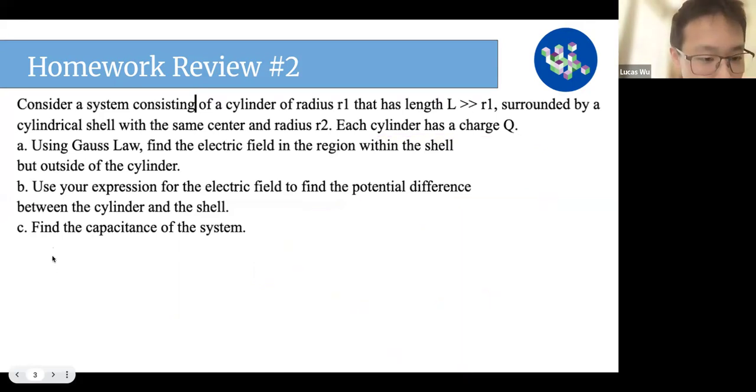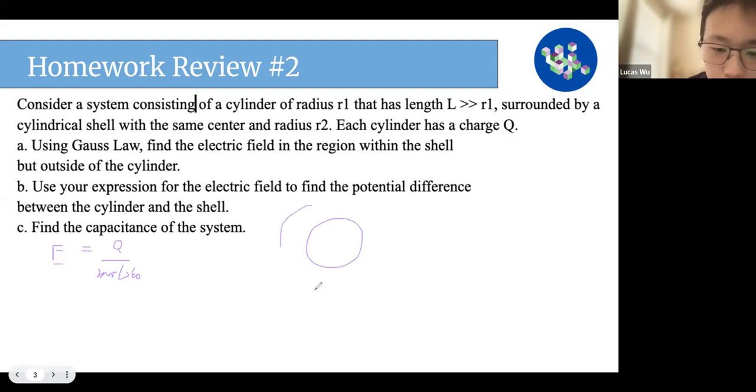Remember we got that E is equal to Q over 2 pi R times big L times epsilon 0. Now we want to find the potential difference. So let's redraw the diagram.